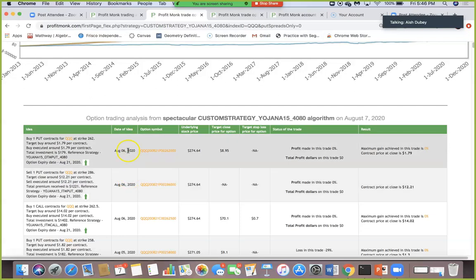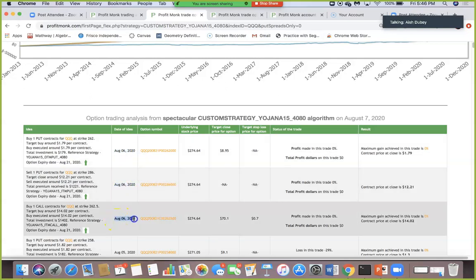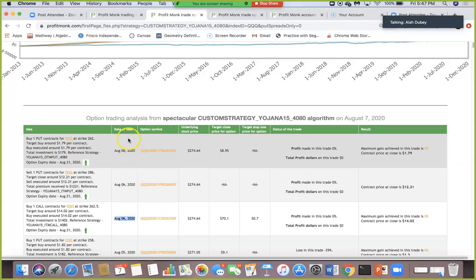So this ran yesterday, and for example, I executed these top three trades, which are all on August 6th, today. You always execute the trades on the next trading day. For example, the trades that will pop up tonight, you will be executing them on Monday, and that's how the buy execution is recorded and updated as well.